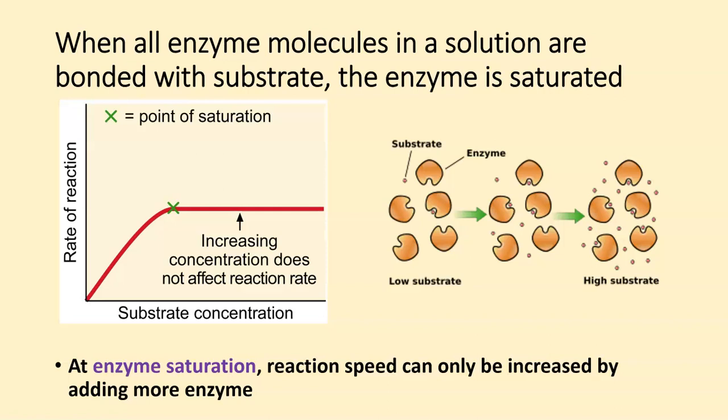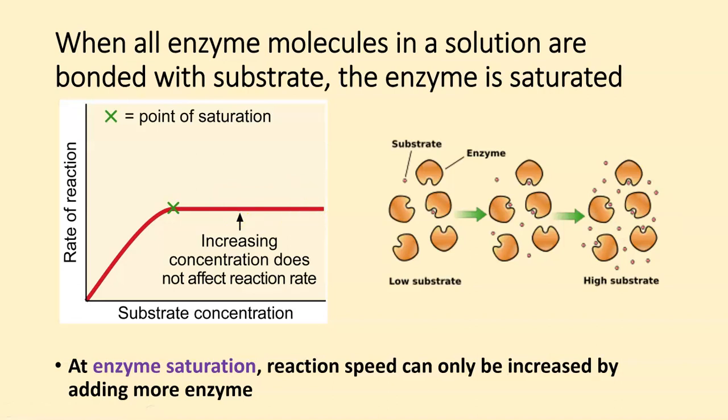Notice that there's a pretty steady increase in the rate of the reaction as the amount of substrate is added until it reaches this point, this green X, called the point of saturation. After that point, even if you continue to add substrate, there's no increase or decrease in the rate of the reaction. It's called saturated.